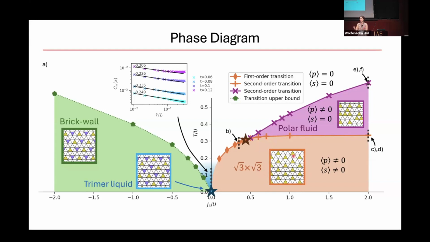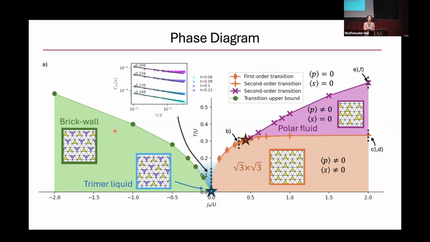When you have a charge order on a lattice, and you have a reference point, you can define the phase of the charge order based on the registry. So there is a threefold degeneracy in the ground state, and a ground state will choose one out of those three possibilities and one out of up and down polarization. But all the cool extensive degeneracy physics is right here in this trimer liquid region.